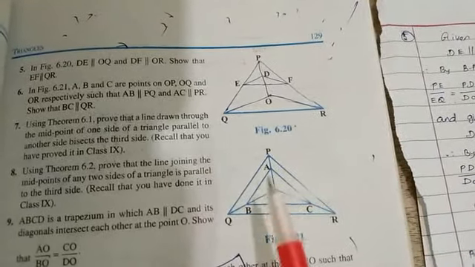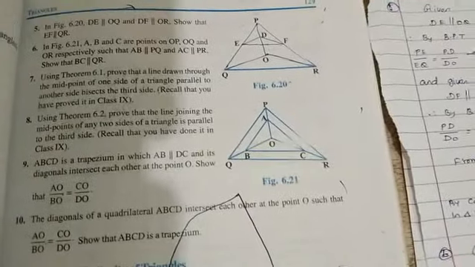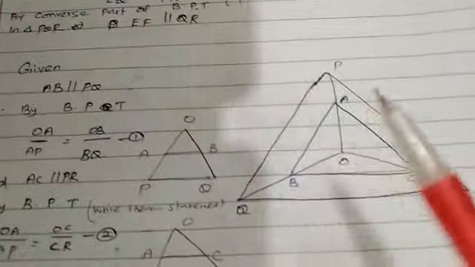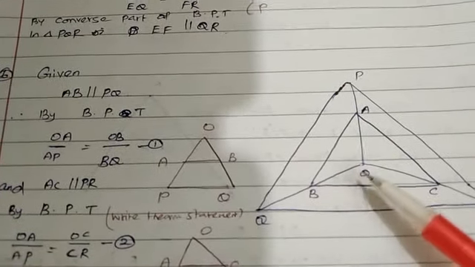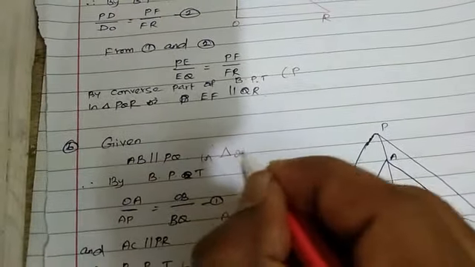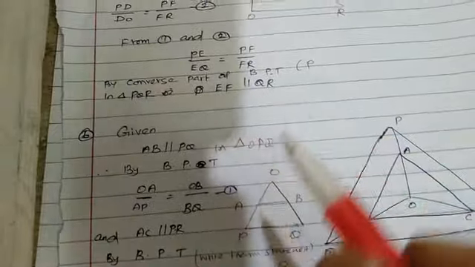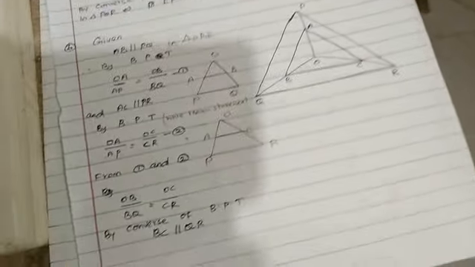Here I am going to use the same basic proportionality theorem and its converse. First, given in this triangle, AB is parallel to PQ. So consider triangle OPQ. In triangle OPQ, by basic proportionality theorem, write the statement.